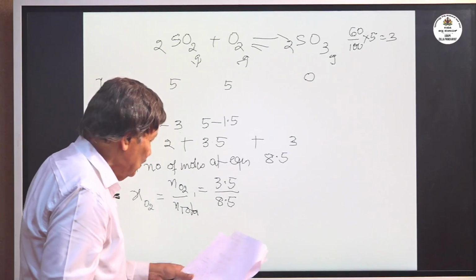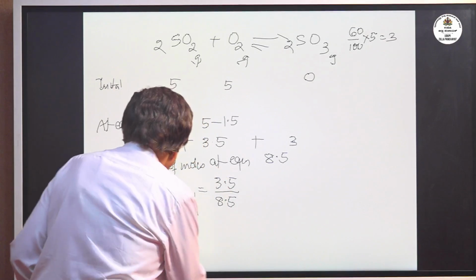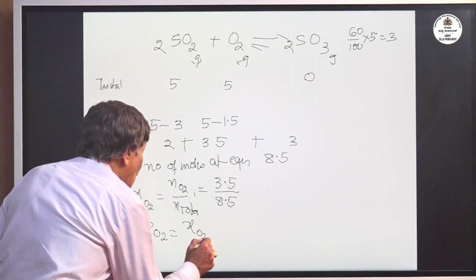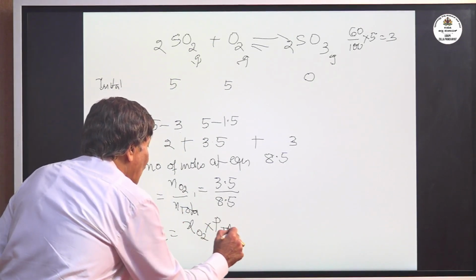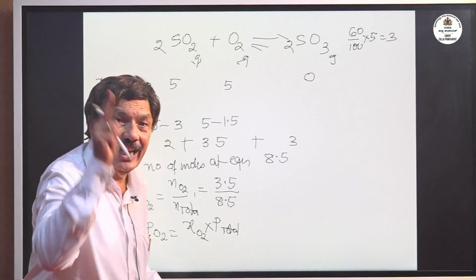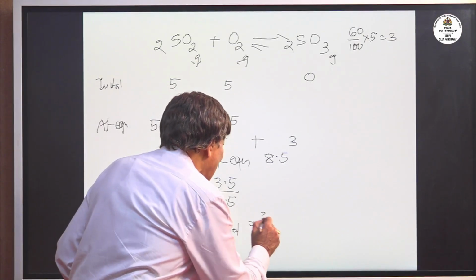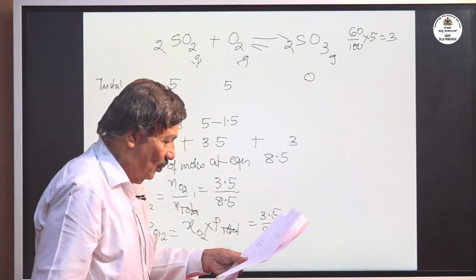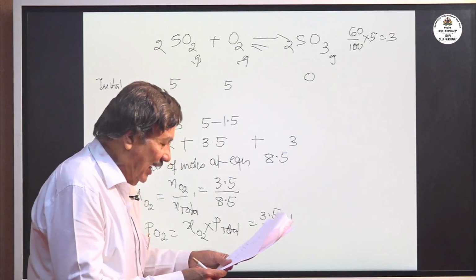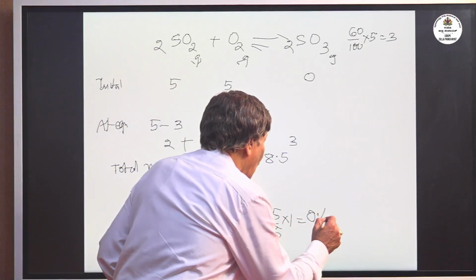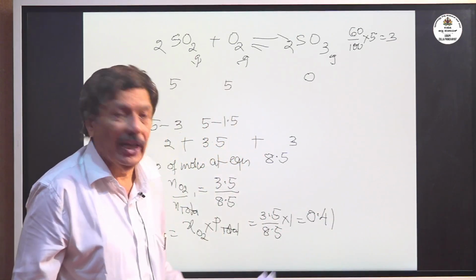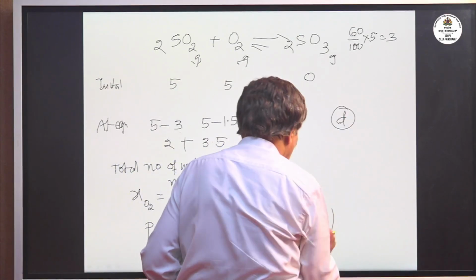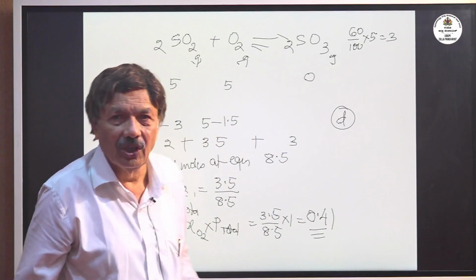Partial pressure of O2 is mole fraction of O2 into P total. Fortunately, P total they have given as 1 atmosphere. So this is 3.5 by 8.5 into 1. If you work it out, it will be 0.41. Option D is the right answer. 0.41 is the answer. Hope that it is clear.